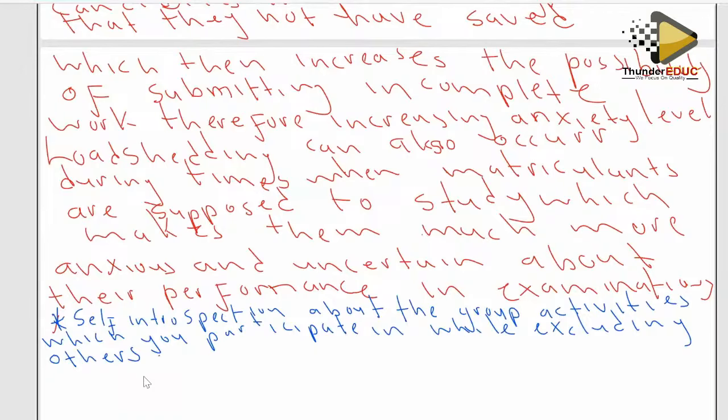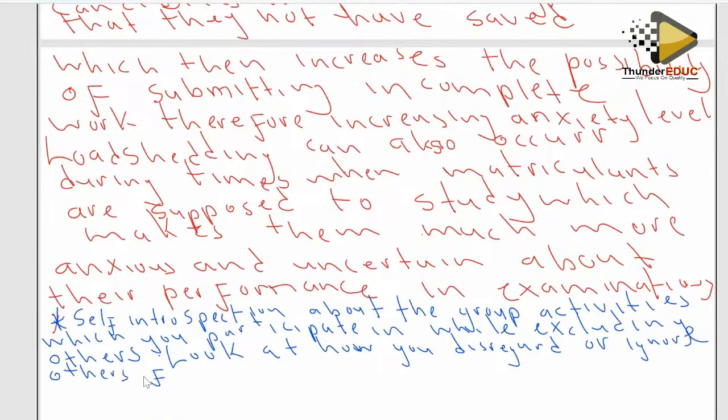Then look at how you disregard or ignore others for no apparent reason. How do you disregard or ignore others for no apparent reason?